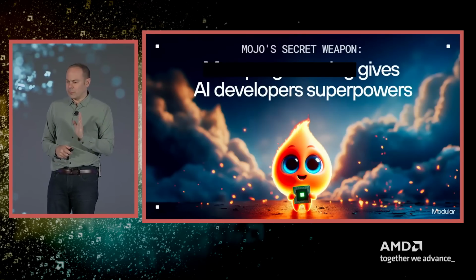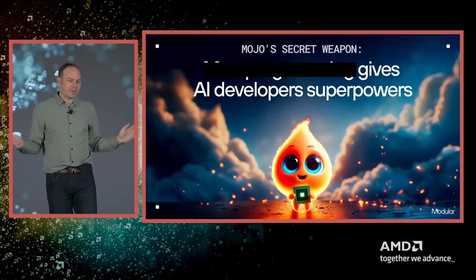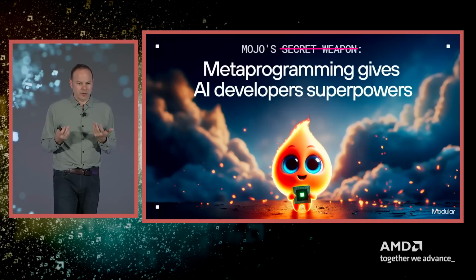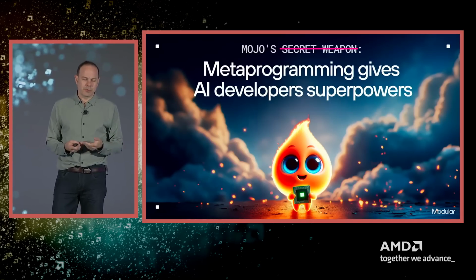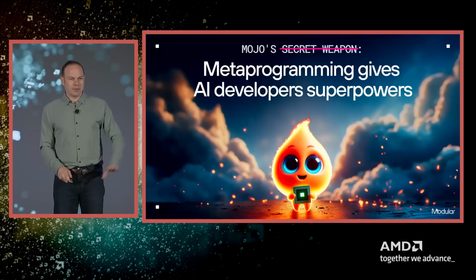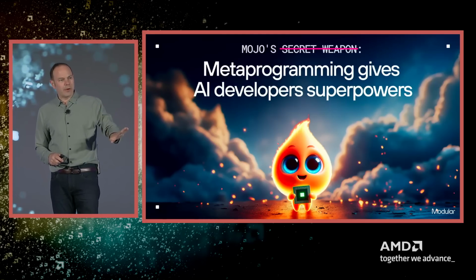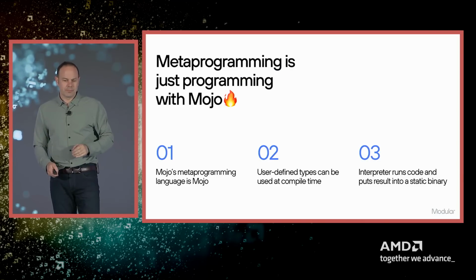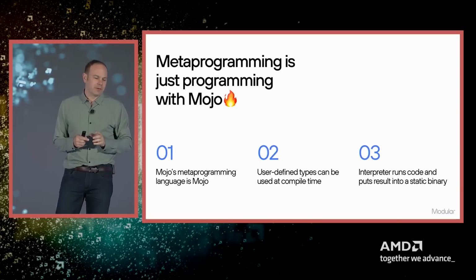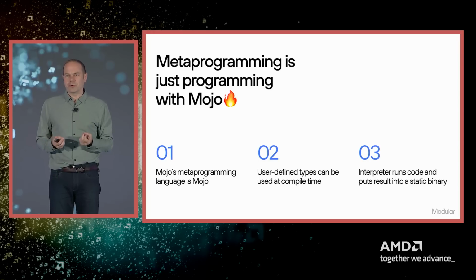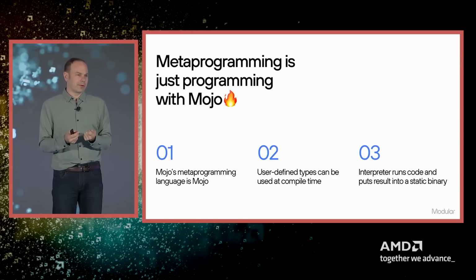Now, let me tell you the secret weapon. But we're not going to keep it a secret, of course. The thing that makes Mojo possible is called metaprogramming. And so if you're familiar with C++ templates, think about the good parts of that, like the power it gives you, and let's take that power and remove all the pain and suffering. And so I'll talk a little bit about this in the time we have today. But the key thing to know about metaprogramming in Mojo is that it is just programming.